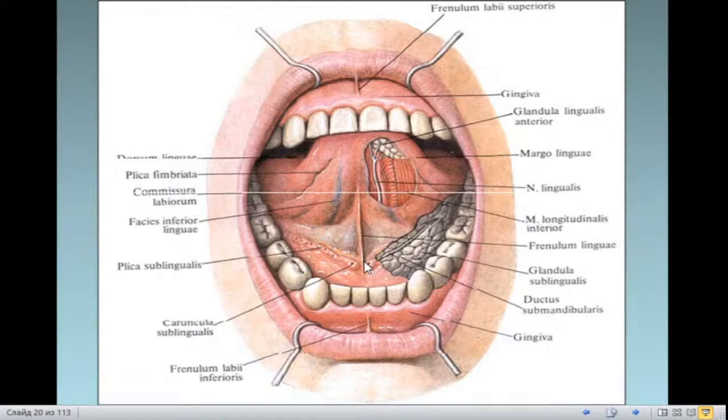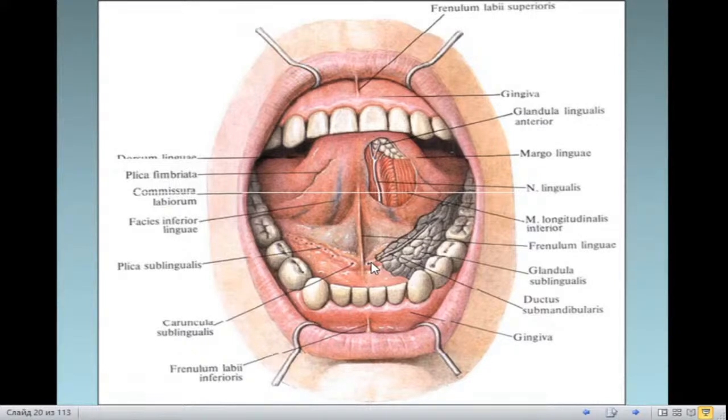On both sides of this frenulum, at the bottom, there are two small papillae called caruncula sublingualis. These are the exits of the ducts of the sublingual and submandibular salivary glands. They both open here below the tongue.